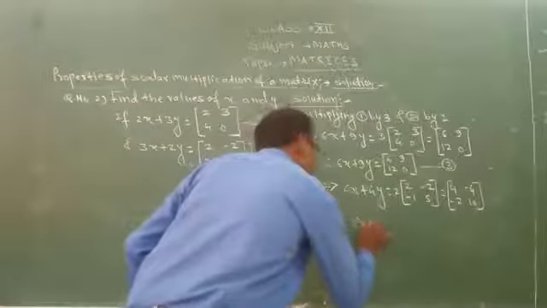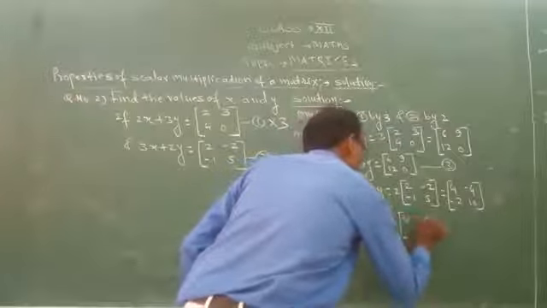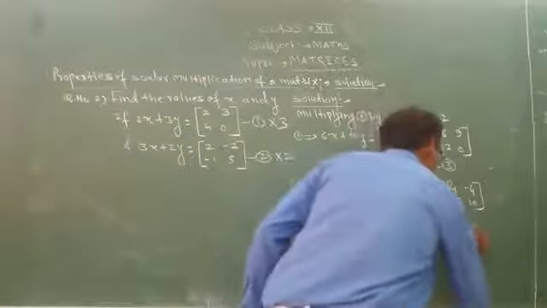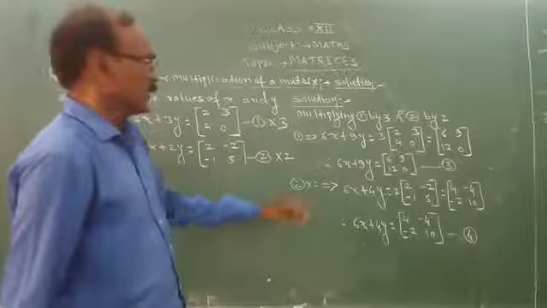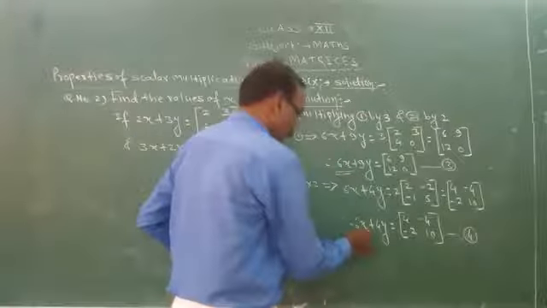Therefore 6x plus 4y equals 4 minus 4 minus 2 and 10. This is number 4. Now in number 3 we have 6x, and here also we have 6x.